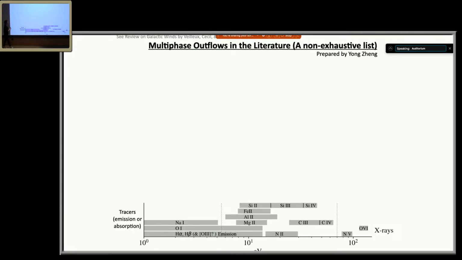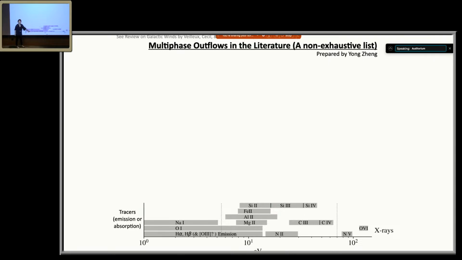So now I'm going to give you a very quick review of what the outflow literature looks like. This is not exhaustive, but I wanted to highlight why Ulysses is so important in this parameter space. On the x-axis, I'm showing you different tracers that have been used to study outflows.